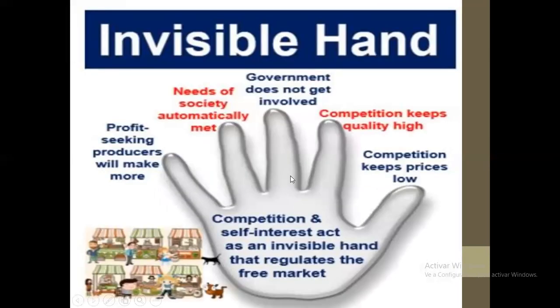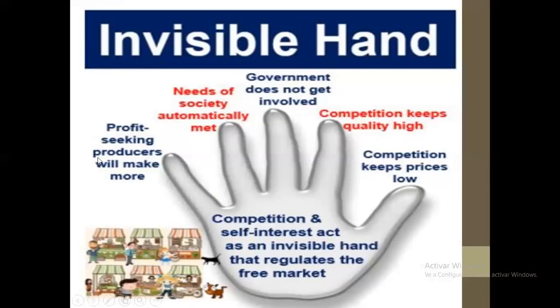Now over here, there's a picture where it talks about this invisible hand. Competition and self-interest act as an invisible hand that regulates the free market. La mano invisible regula la competencia y los intereses propios para que se lleve a cabo un mercadeo libre. Okay.